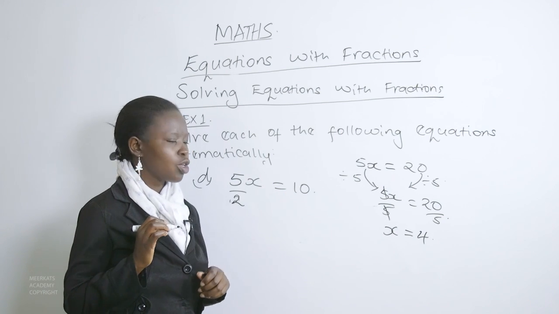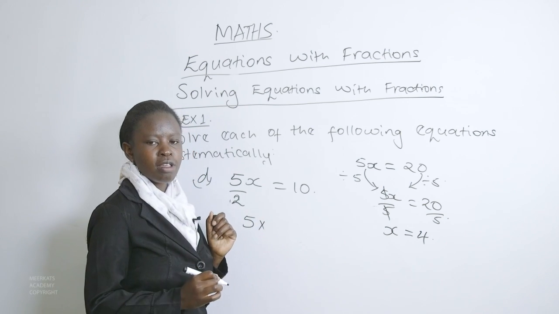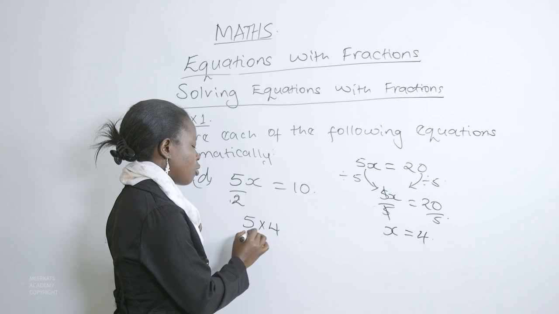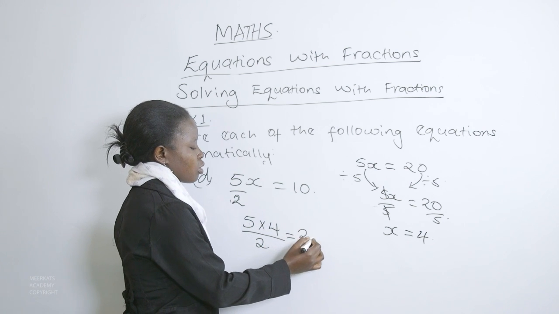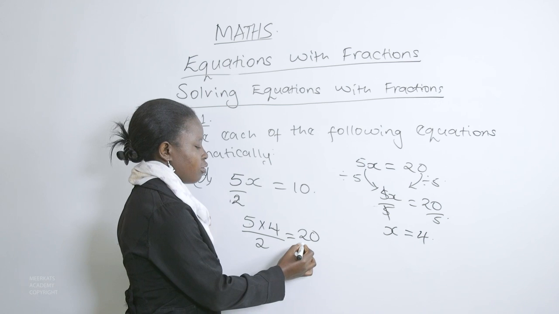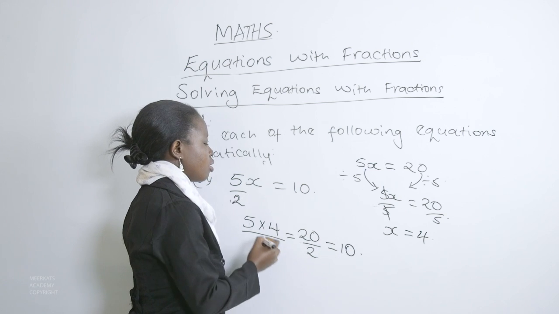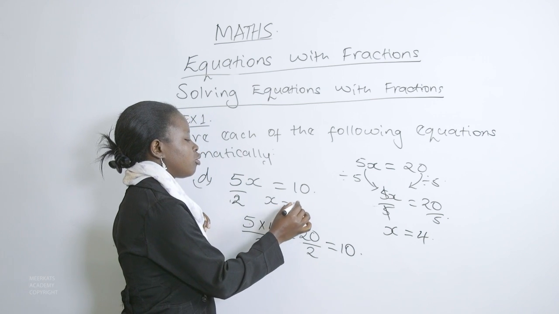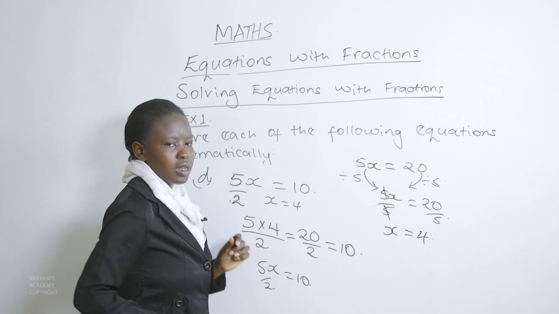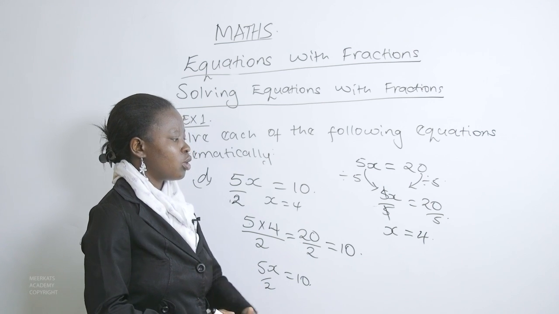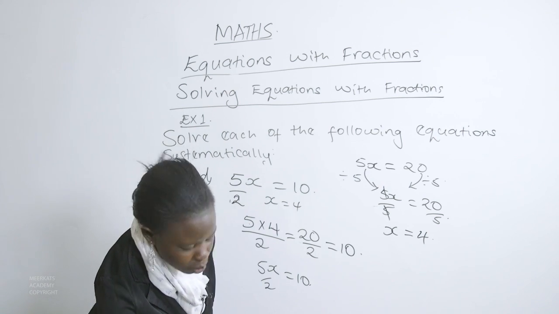Our value for x is 4, so this is 5 times 4 divided by 2. 5 times 4 is 20, and 20 divided by 2 gives us 10. So we discover that when x is equal to 4, then 5x over 2 will be equal to 10. So it is true that the value of our pronumeral in this given equation is 4.